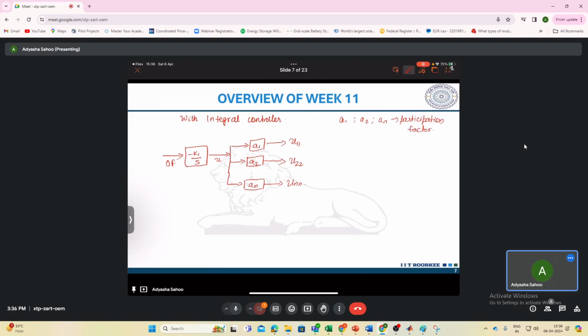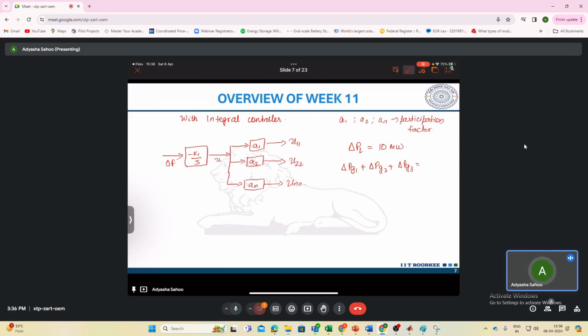So let's say whenever there is a disturbance of, let's say, 10 megawatt, and let's say there are three generating units. So what will happen is this delta Pg1 plus delta Pg2 plus delta Pg3 will be equal to your PL, right?